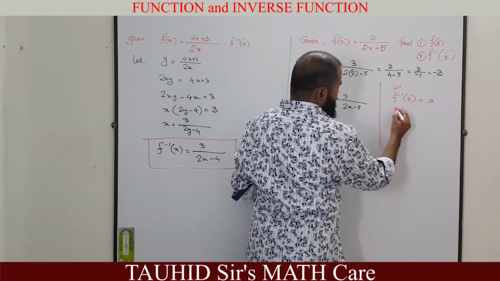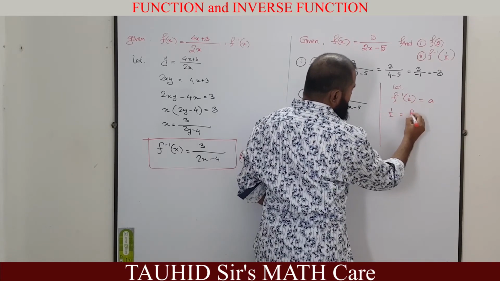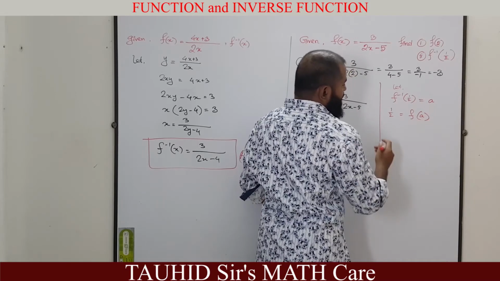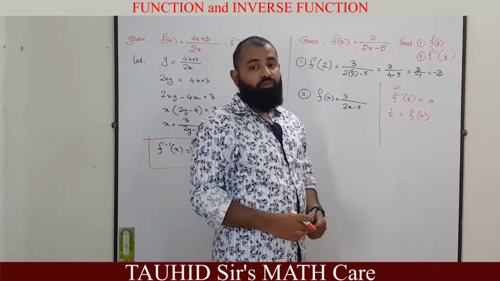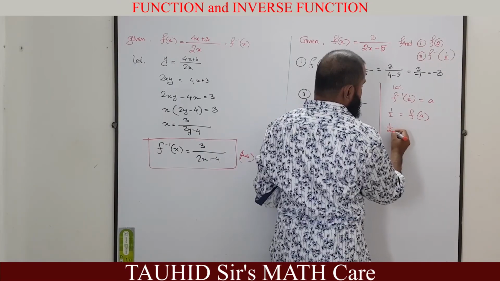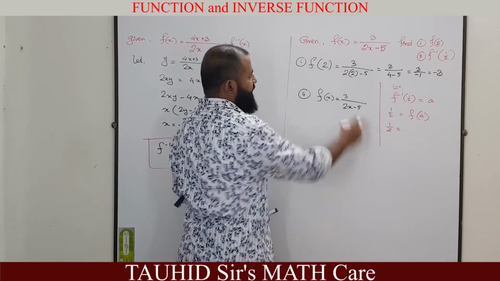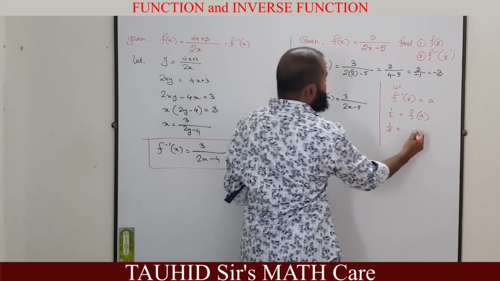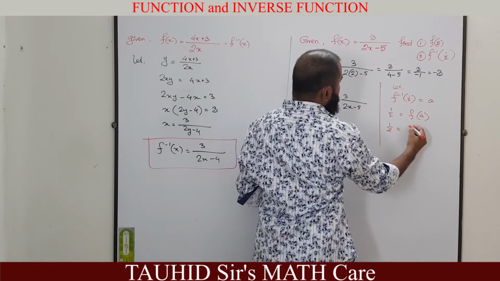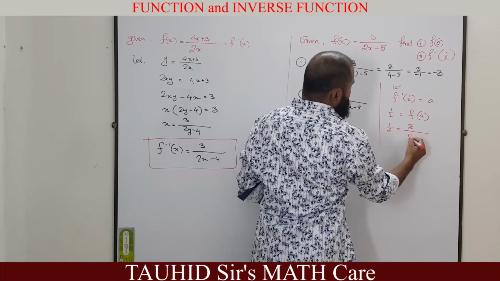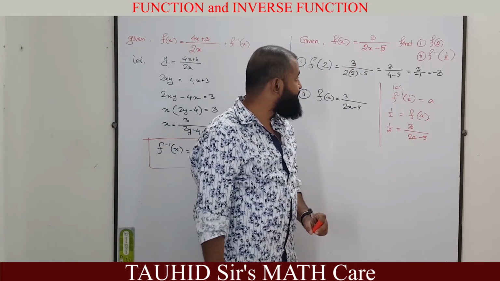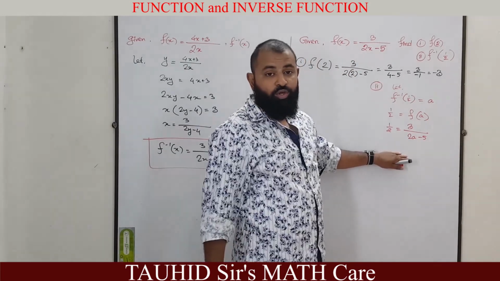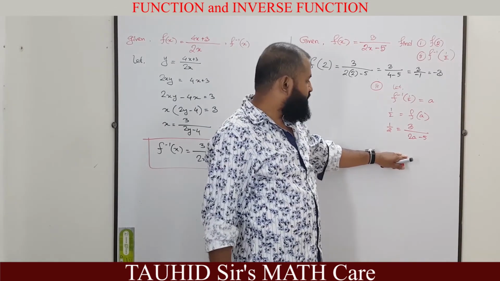So in the next line we can say that 1/2 = f(a). f inverse, when it changes its sides, it becomes f. So 1/2 = f(a). f(x) is given, so f(a) can be found very easily. 3/(2a - 5). We just put the value of a in place of x. From this equation, we can calculate the value of a very easily.